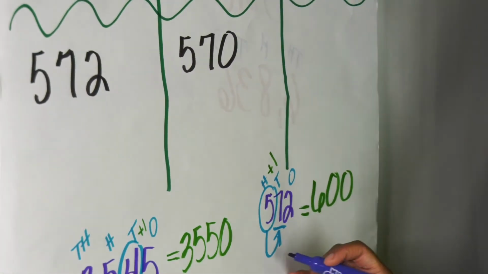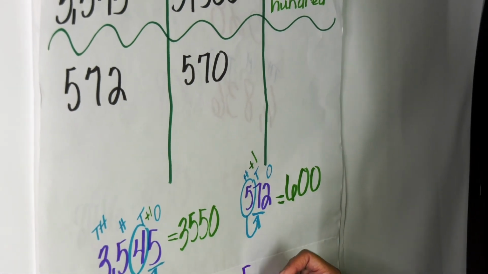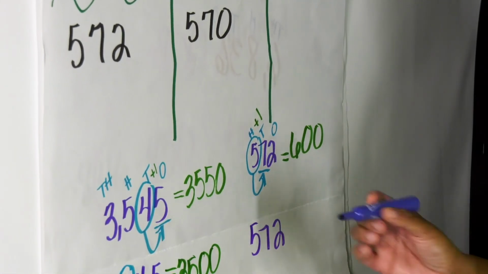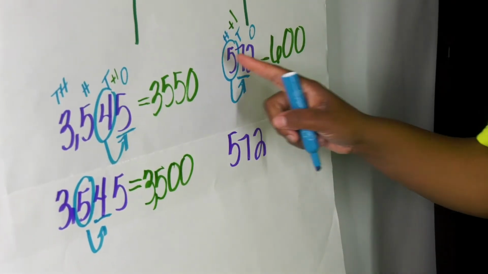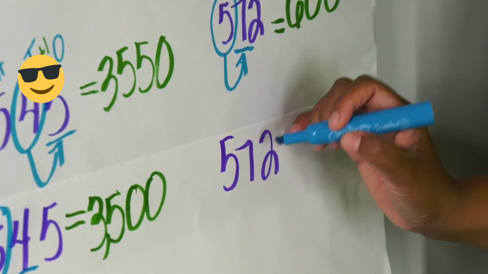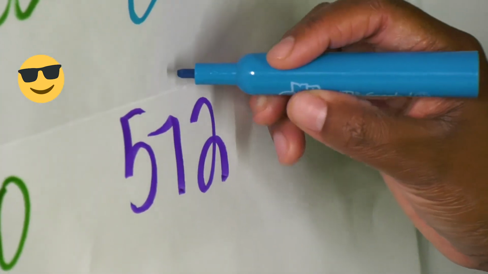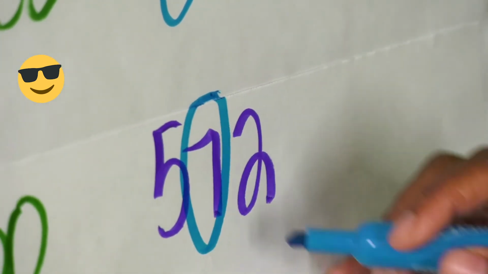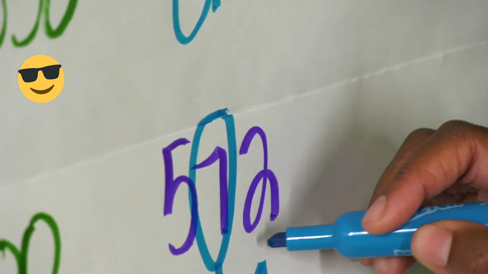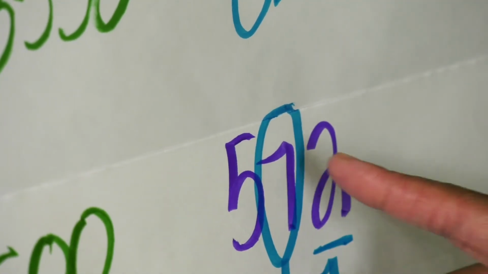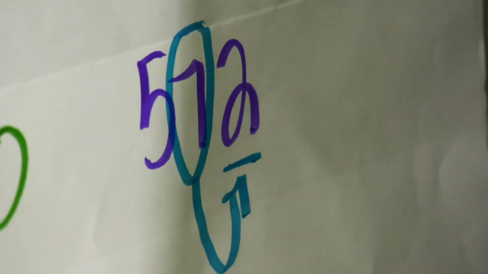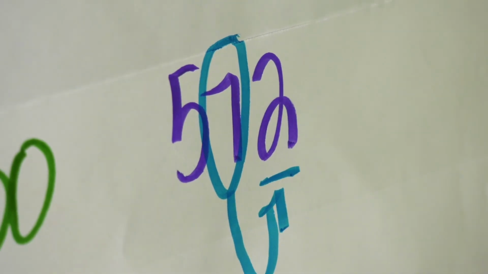Okay, now let's try 572 rounded to the nearest tens place. Find the place value, tens, right here. Circle that digit, 7. Move to the right. Underline the 2. It tells us to stay the same. The 2 tells the 7 to remain the same.